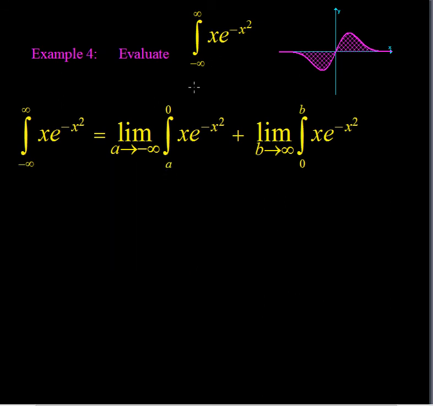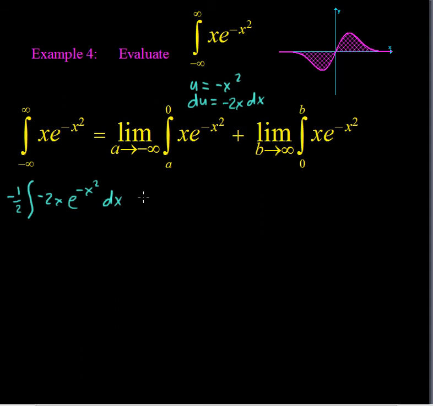I'm going to let u equal negative x squared. In that case, du is negative 2x dx. So for this integral, I'm just going to do the integral by itself off to the side. You notice both these integrals are the same. It ends up being negative 1/2, and then we'll put a negative 2 in here, so negative 2x e to the negative x squared dx.